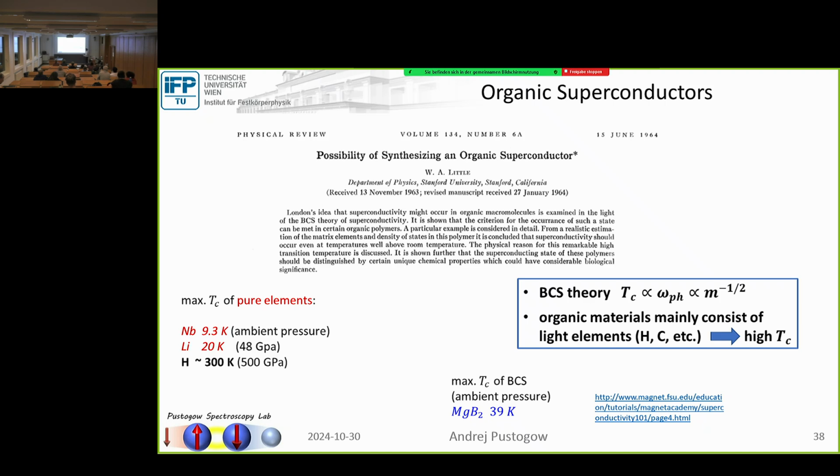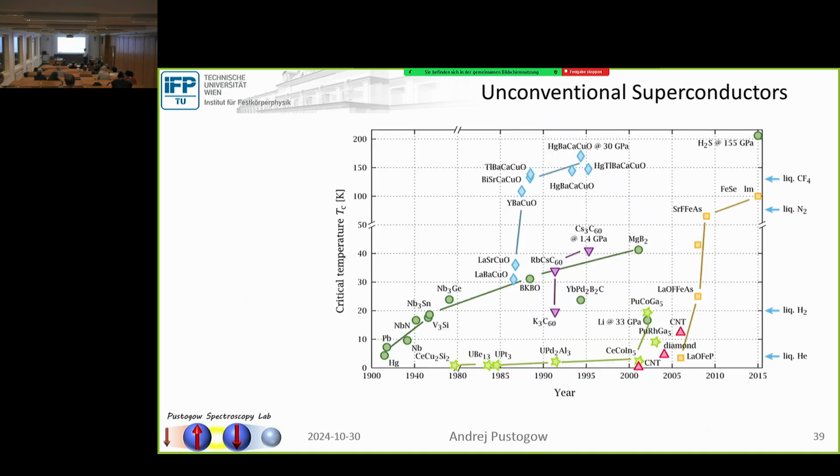It was predicted in the 1960s that organic materials, because they contain light elements like hydrogen and carbon, could be superconductors. Therefore, people tried to build materials which are on the one hand metallic, but consist of organic molecules, with the expectation and hope that we could build high Tc from that.